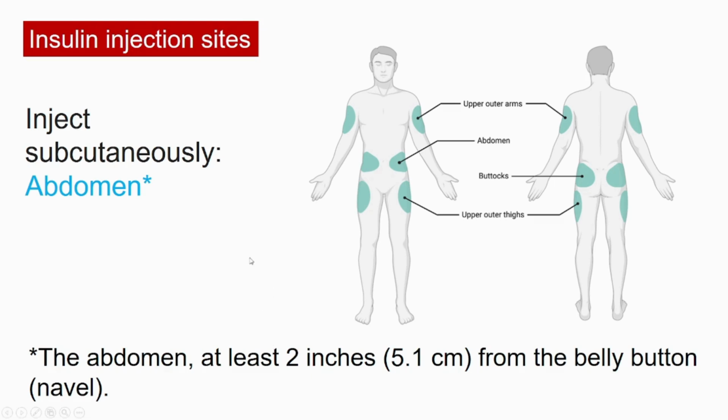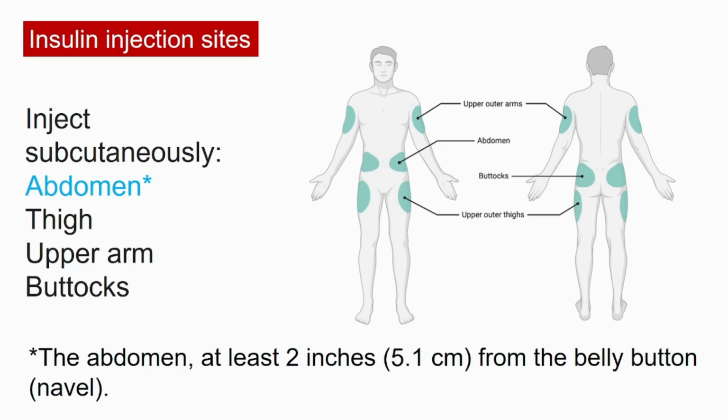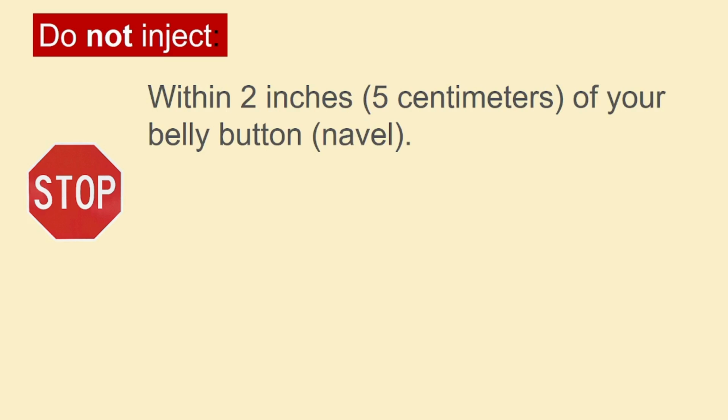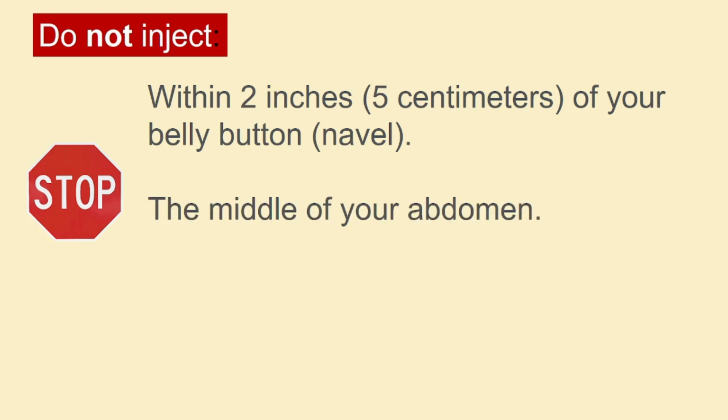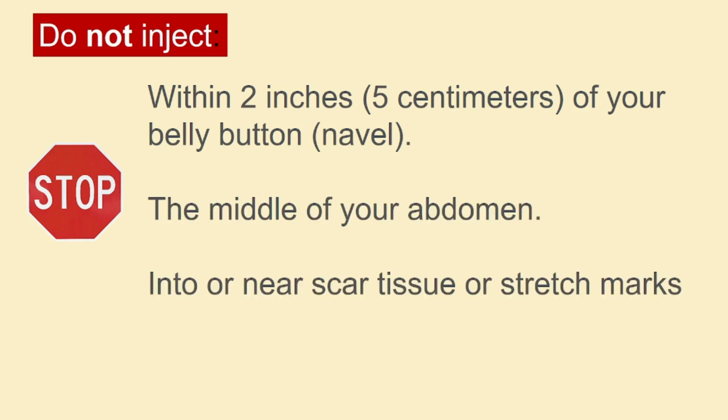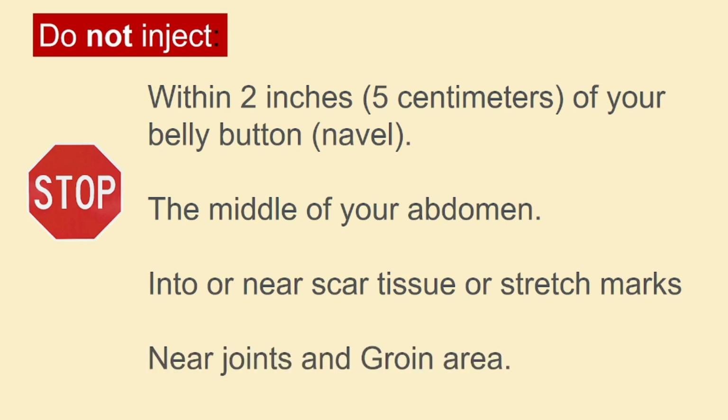Alternatively, you can also administer through the thigh, upper arm, and also the buttocks. However, do not inject within 2 inches or 5 centimeters of your navel, the middle of your abdomen, or into or near scar tissues or stretch marks, and near joints and the groin area. Insulin should not be injected there.